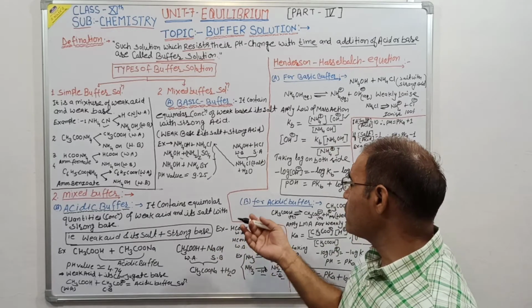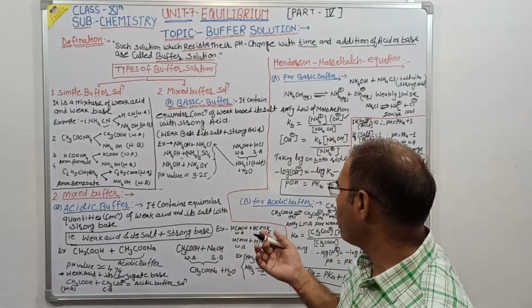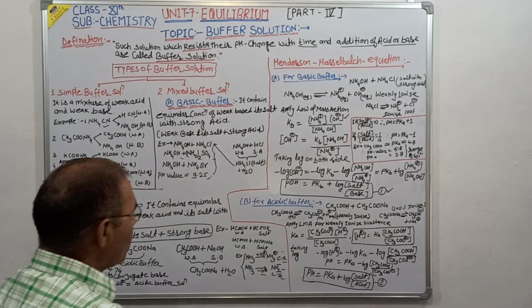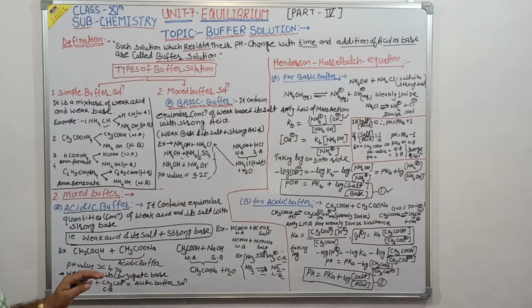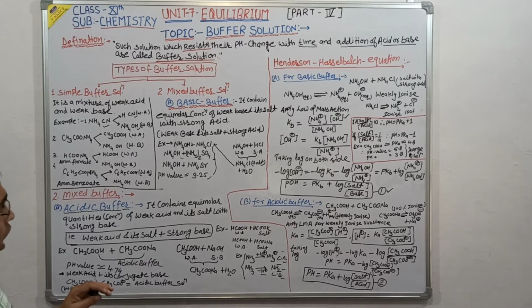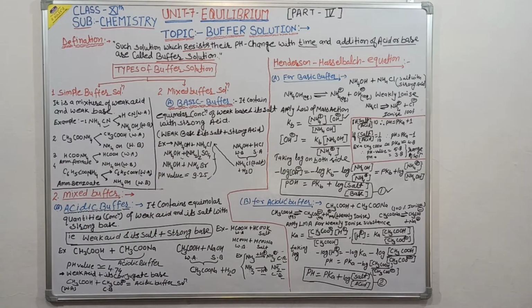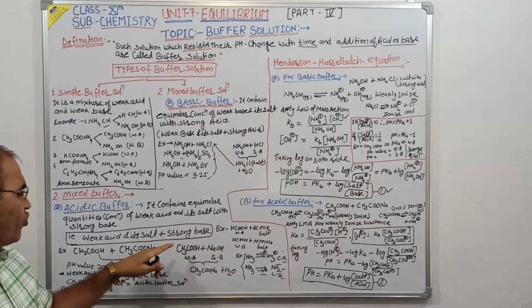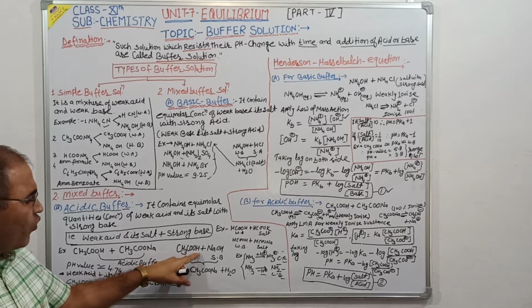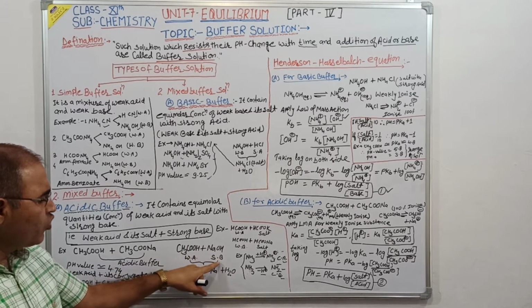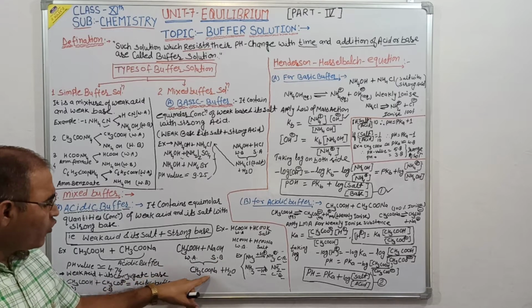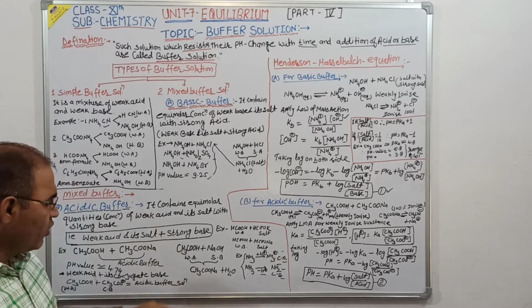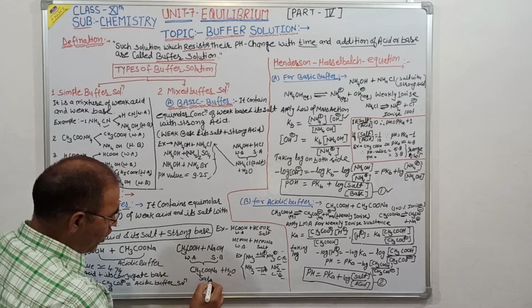Its pH is nearly equal to 9.25. Now, the acidic buffer solution contains a weak acid and its salt with a strong base. Acetic acid is a weak acid and NaOH is a strong base, forming sodium acetate, a salt, and water.